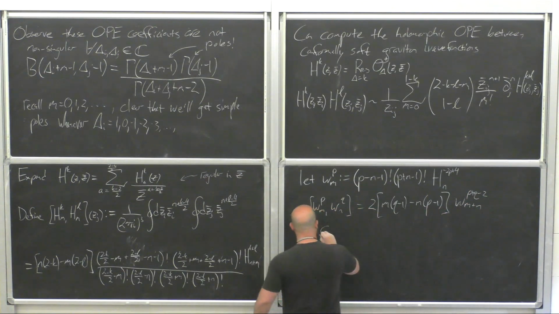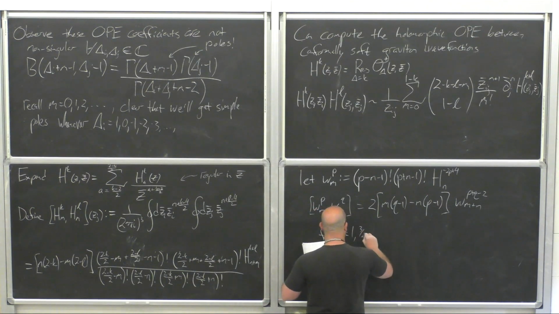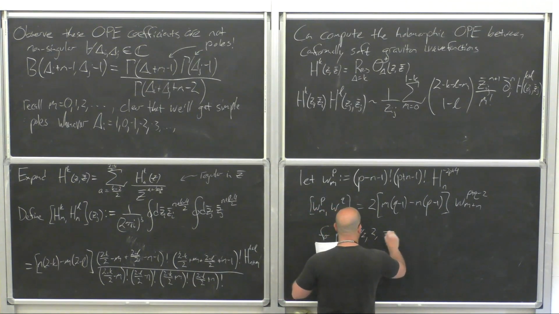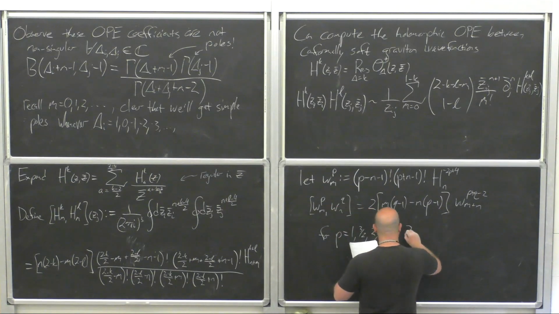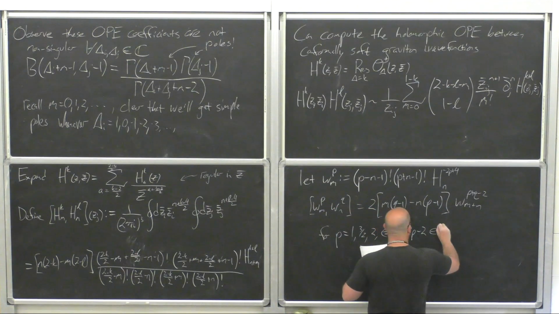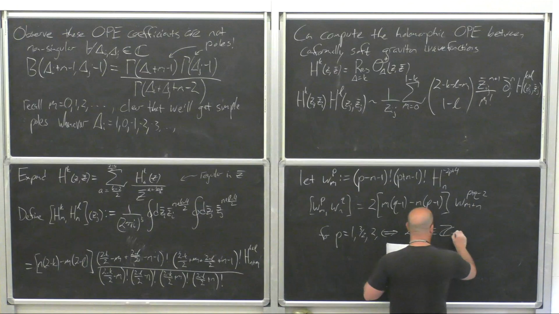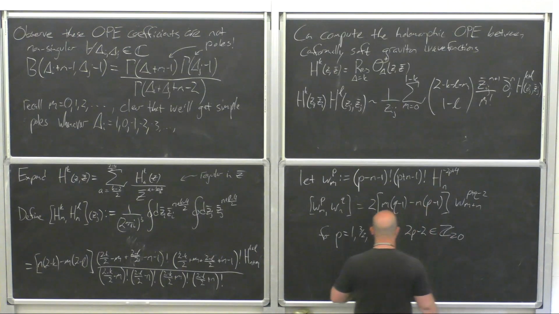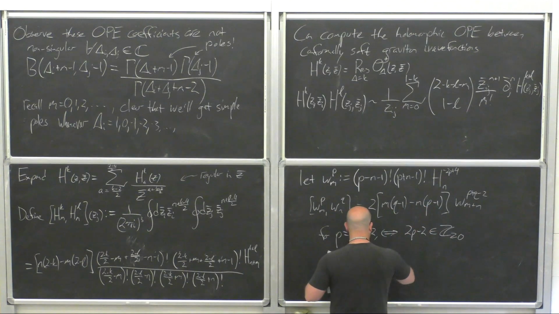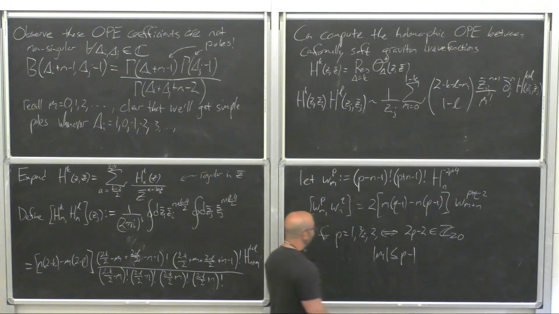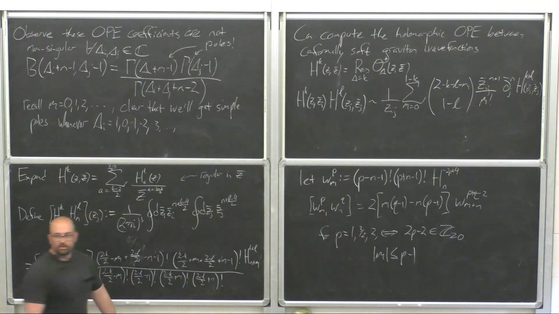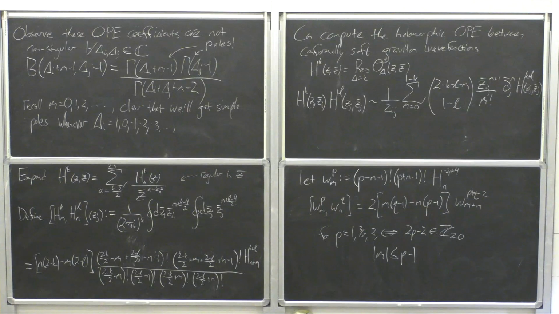And this is for p running over 1, 3/2, 2. So that's equivalent to saying that 2p minus 2 is a non-negative integer, and the absolute value of m is less than or equal to p minus 1. Okay?